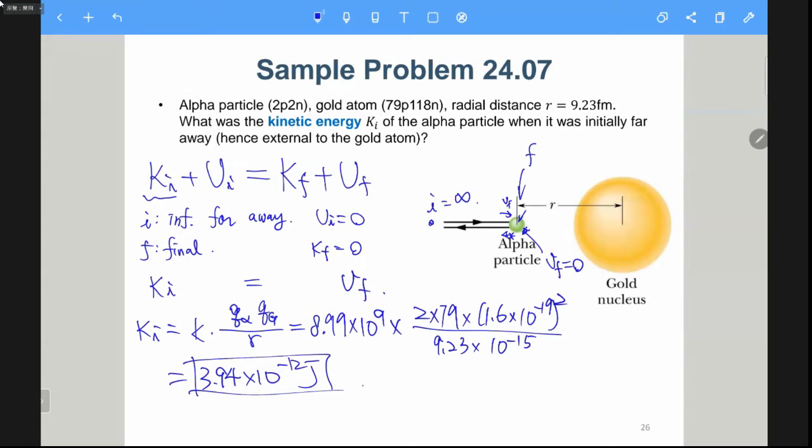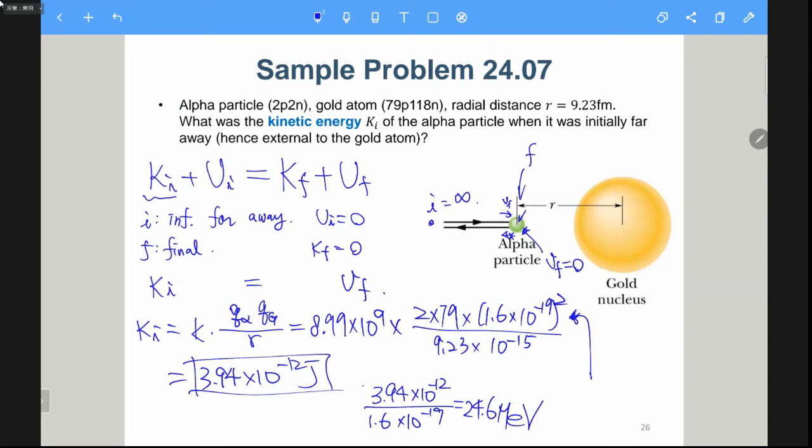Later in this semester, you will also learn another unit for energy, which is known as eV. How do we calculate that? We can just divide 3.94 times 10 to the minus 12 by 1.6 times 10 to the minus 19, so it becomes 24.6 MeV.